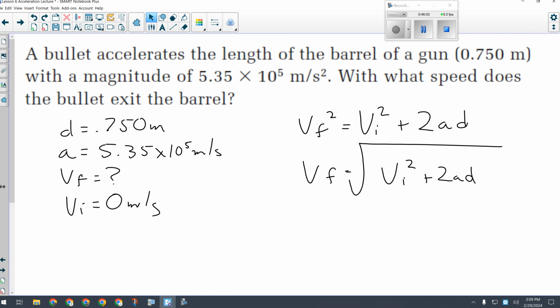All right? Now, VI is 0, so I'm just going to get rid of it. Don't need it in there. All I have to do is find the square root of 2 times 5.35 times 10 to the 5, okay, times 0.75 meters.